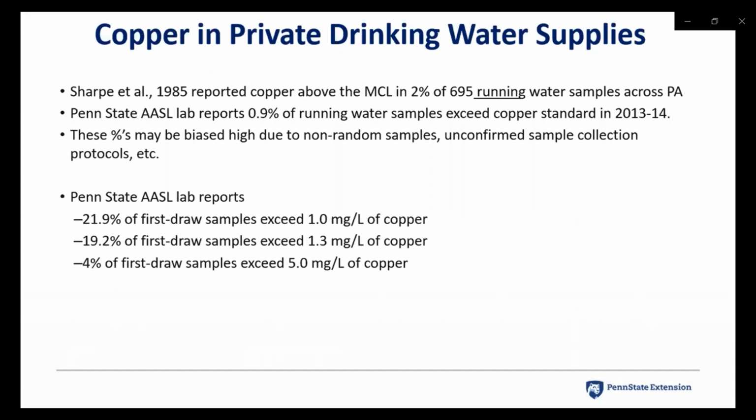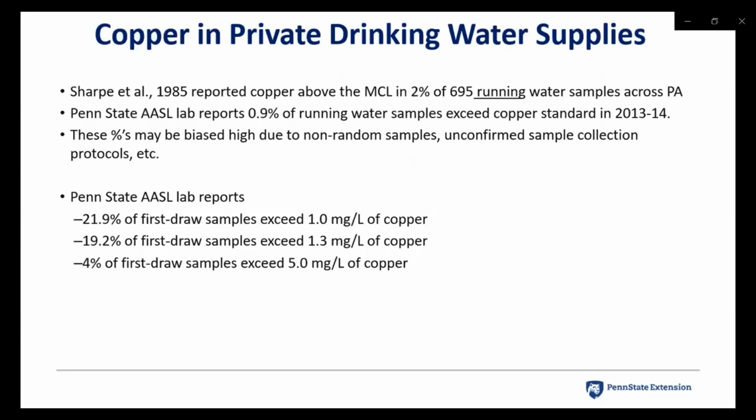When we look at first draw samples from our Ag Analytical Lab, which is based on thousands of drinking water samples, about 22% exceed the 1 milligram per liter copper standard, the recommended standard, and just under 20% exceed the 1.3 milligram per liter health-based standard. 4% actually exceed 5 milligrams per liter of copper.